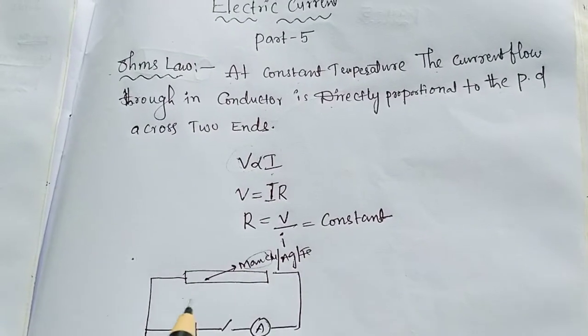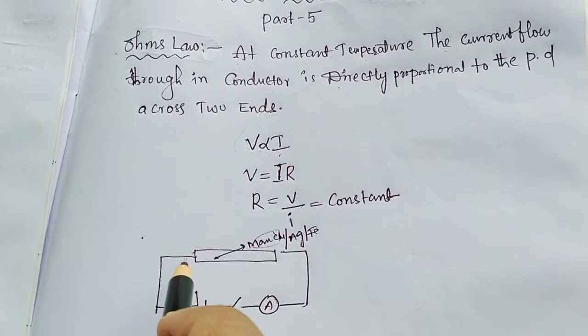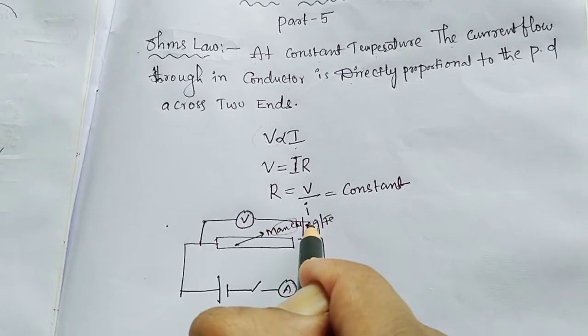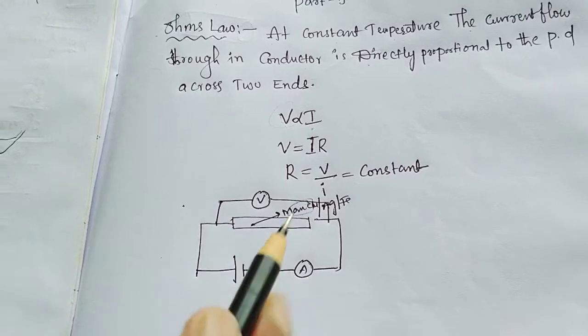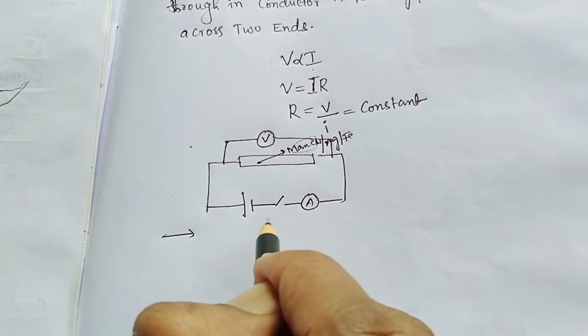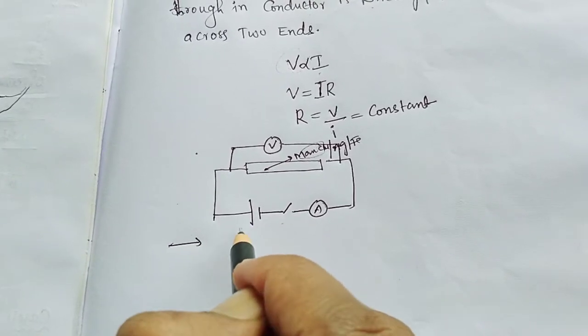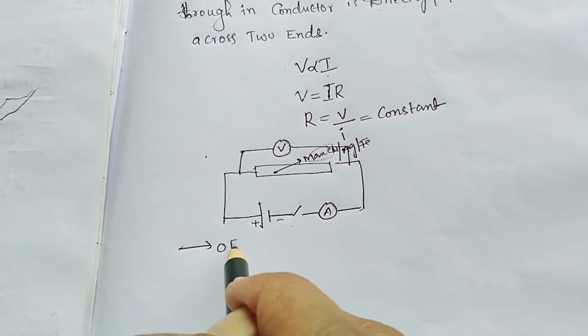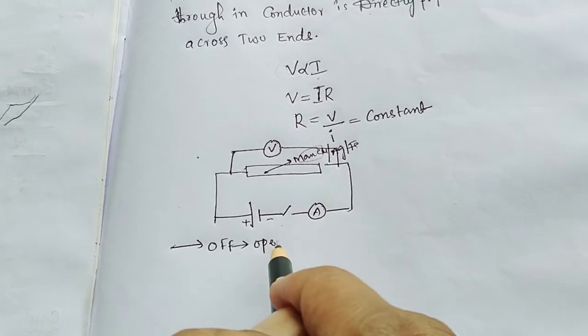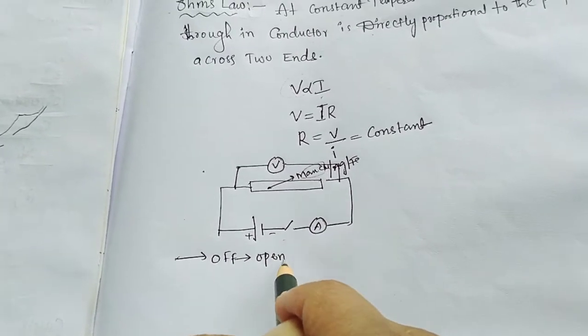Here we are taking manganese metal, connecting 1 volt, that means potential difference. Now the switch is off, so that is an open circuit.